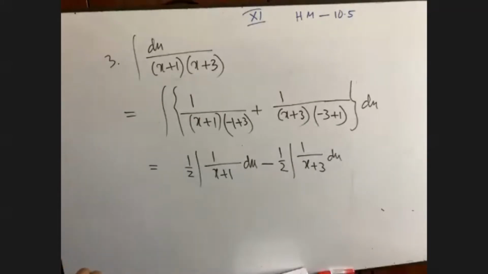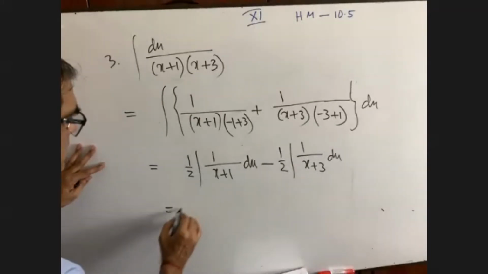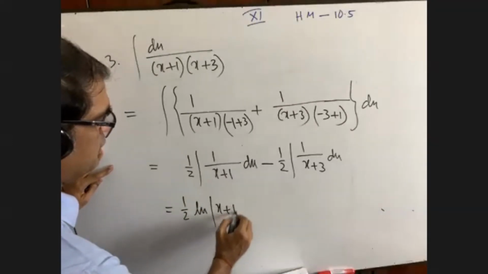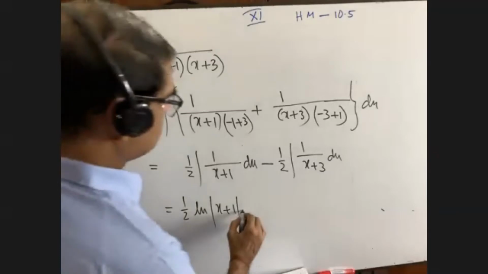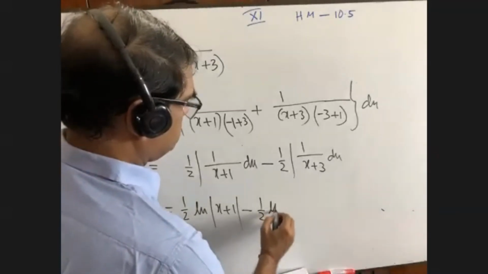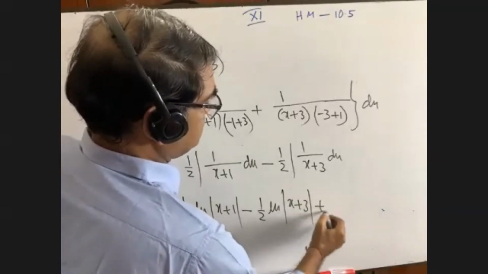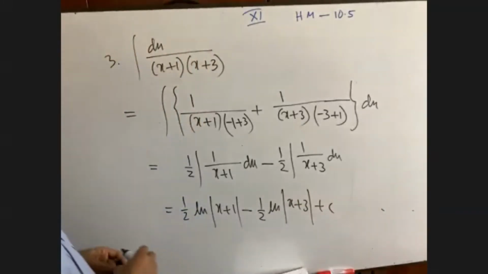Then what is the result here? Half ln of x plus 1 minus half ln of x plus 3 plus c, right?